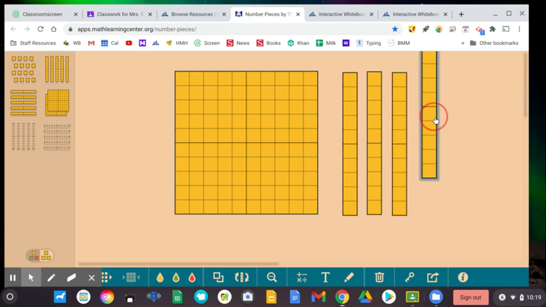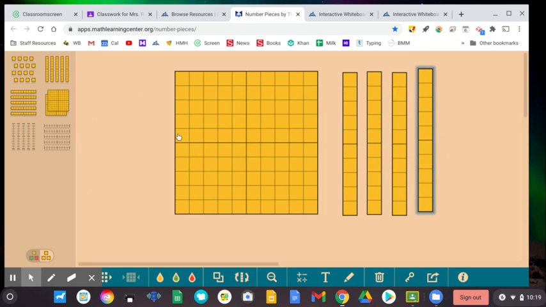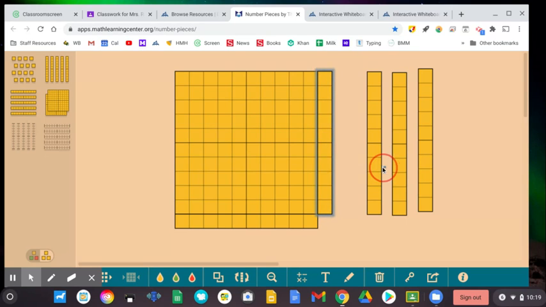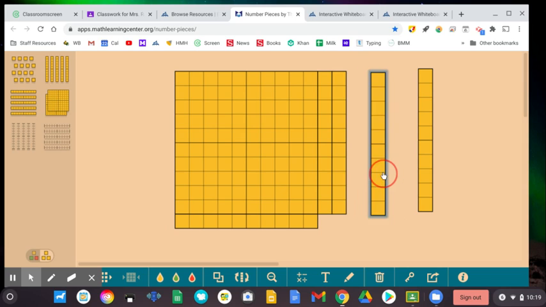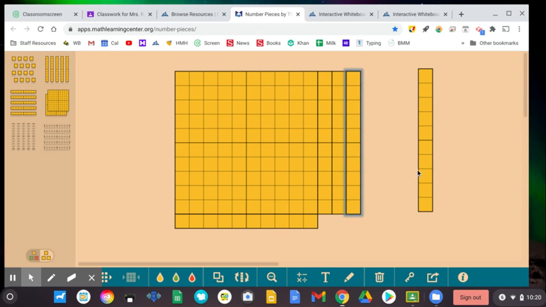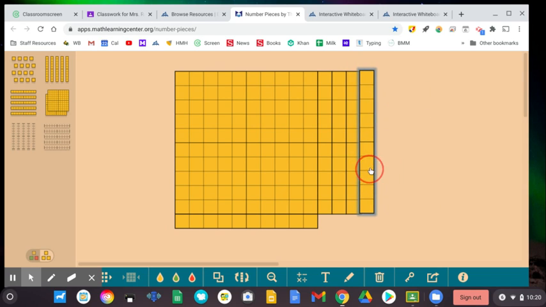Or you're going to just use your base 10 pieces, which probably are faster than using one of these. And plus our 1. And remember, we got to make this an array. It's got to be an array. So if I move these all close together, can you see I still have to add some units on the bottom to make this array? 1, 2, 3.